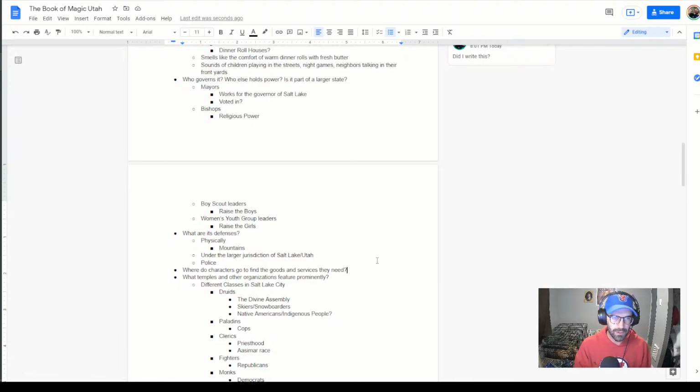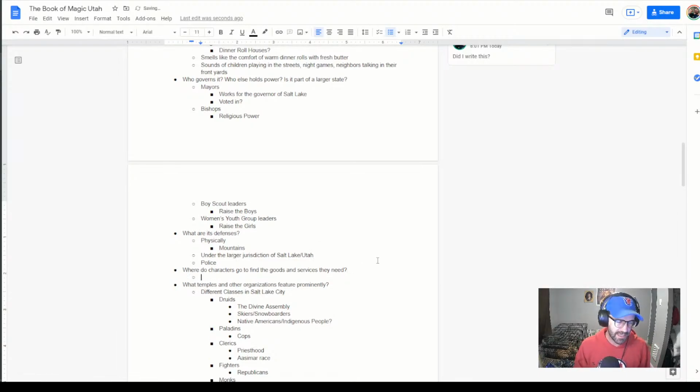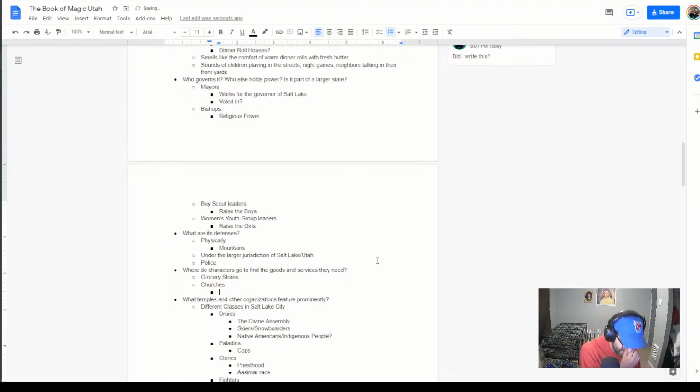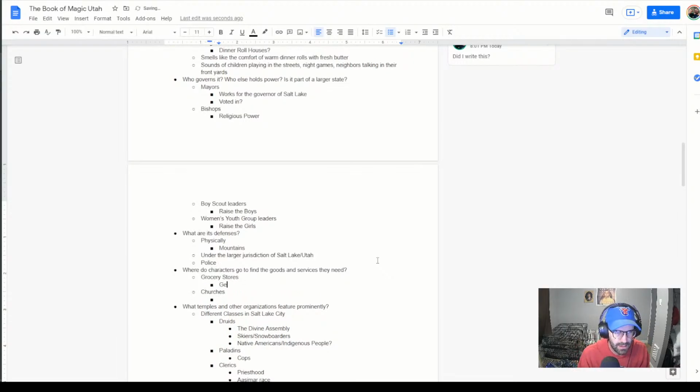Where do characters go to find the goods and services they need? There are definitely grocery stores. That's a big one. I definitely want there to be grocery stores. Probably churches. This is general supplies, even adventuring stuff.